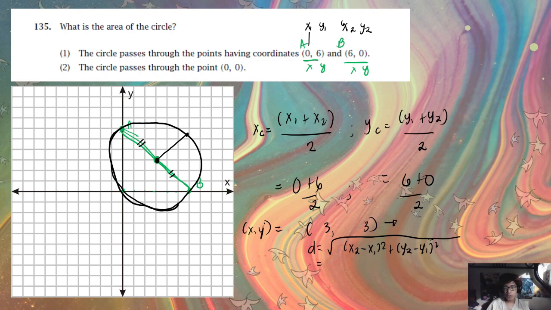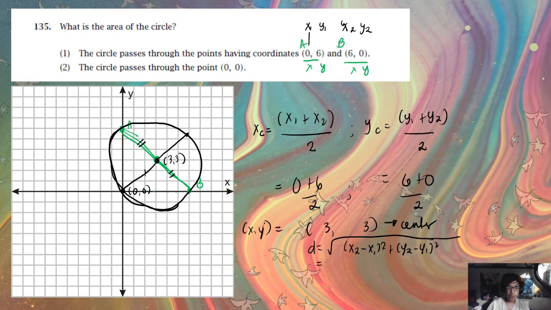And since we already know the center of our circle, we just have to connect it to the point where it intersects. So that's 0, 0. So we have 0, 0 and 3, 3.